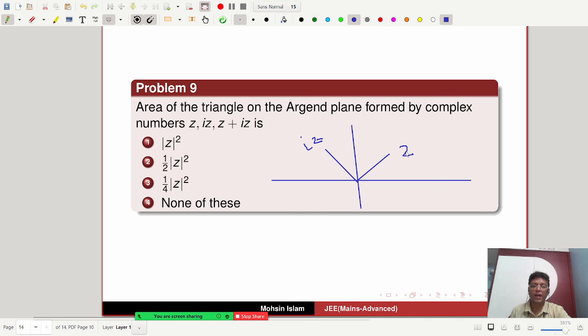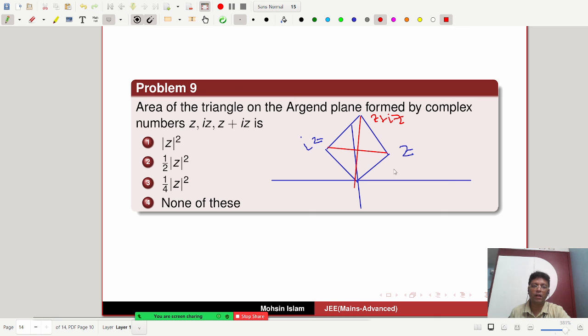This is your z, and if you complete the parallelogram, the diagonal will give you z plus iz, the tip of the diagonal.